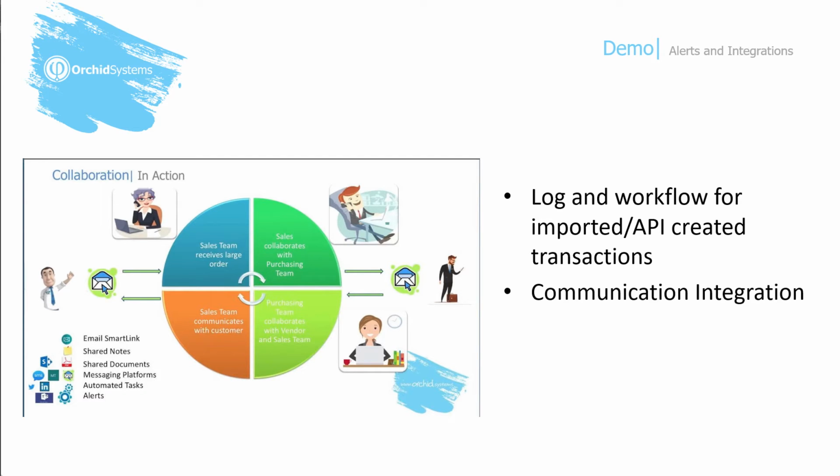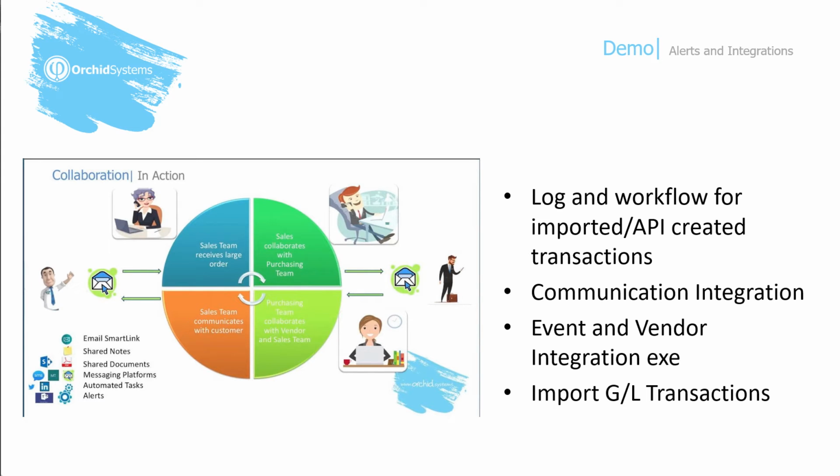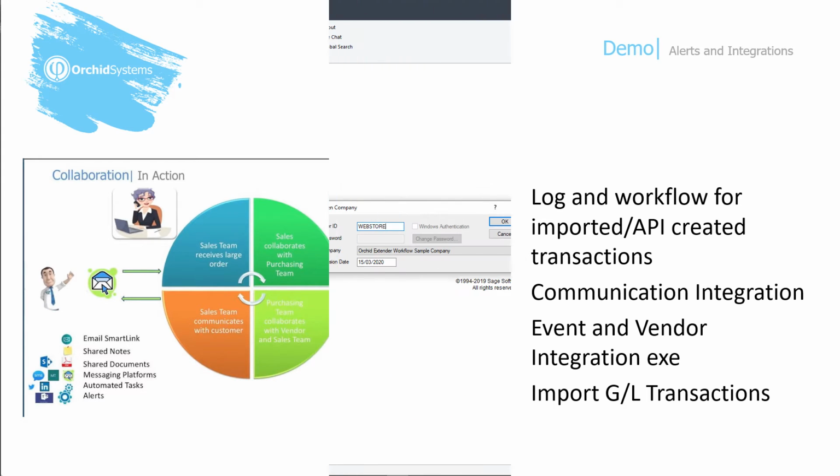Looking at communication integration, I'll show you an example of using notes to display LinkedIn profile and also pushing information into Microsoft Teams when an order requires approval. We will then look at an Extender event to trigger a vendor integration exe. We'll look at an example of importing GL transactions.